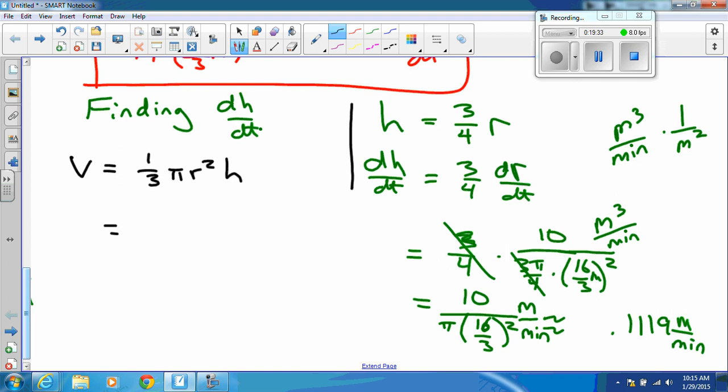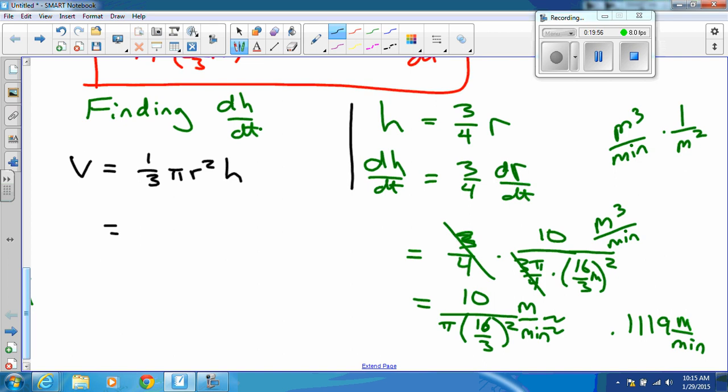You mean 1/3? Yep. Okay, keep going. Not ready for that yet. Why am I not ready for that yet? Yes, I've got two variables, and I don't want to mess with the two variables. I mean, I can, but I'd rather not.